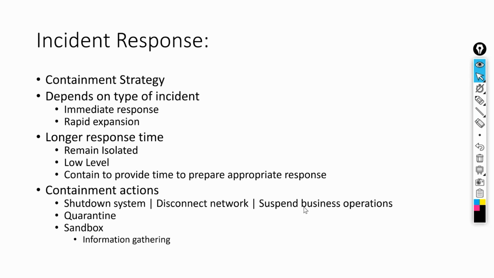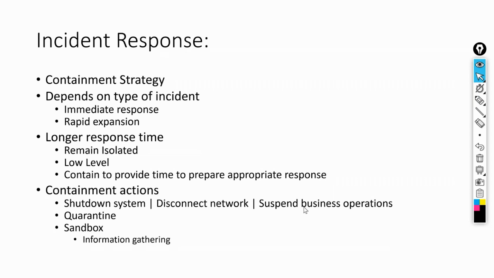If there is a patch which is missing, we immediately try to install that patch. These are all live examples of your containment strategy. Tomorrow if your asset is infected with a virus, the first thing we do is remove the network cable and isolate that particular system. That's a live example of a containment strategy.